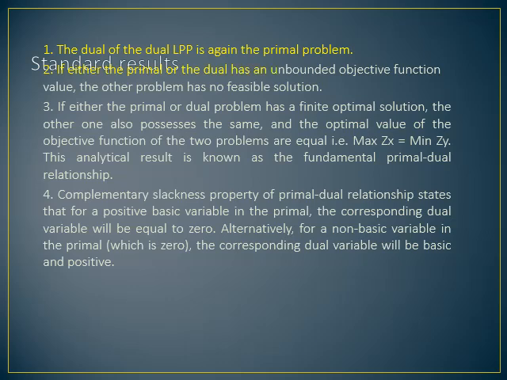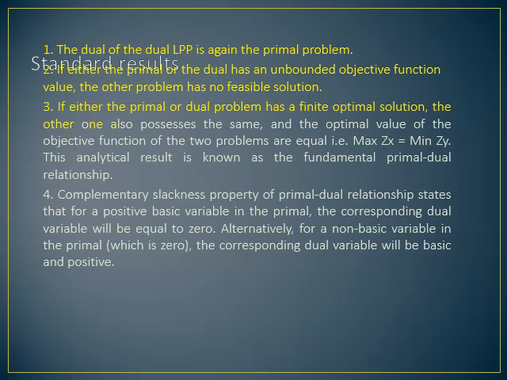If either the primal or dual problem has a finite optimal solution, the other one also possesses the same, and the optimal values of the objective functions of the two problems are equal, for example, max Zx equals min Zy. This analytical result is known as the fundamental primal dual relationship.